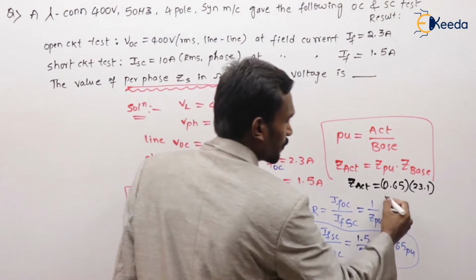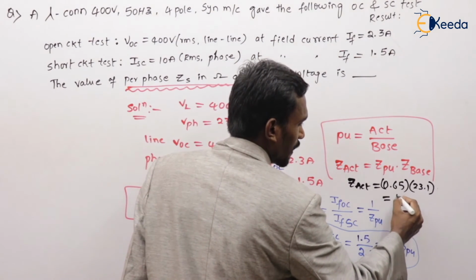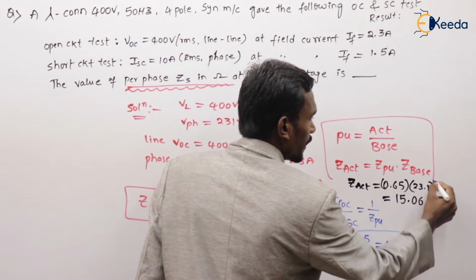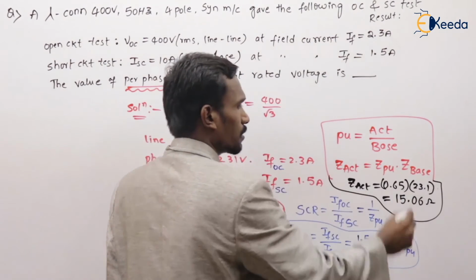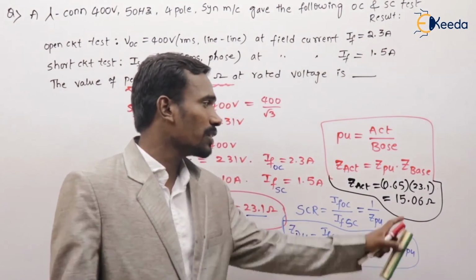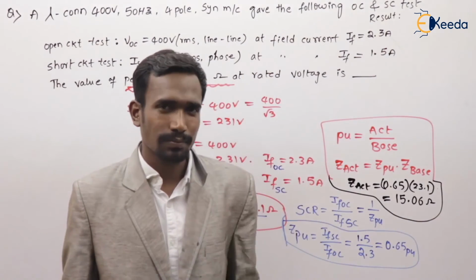If you calculate this value, the actual impedance per phase is 15.06 ohms. 15.06 ohms is our final answer.